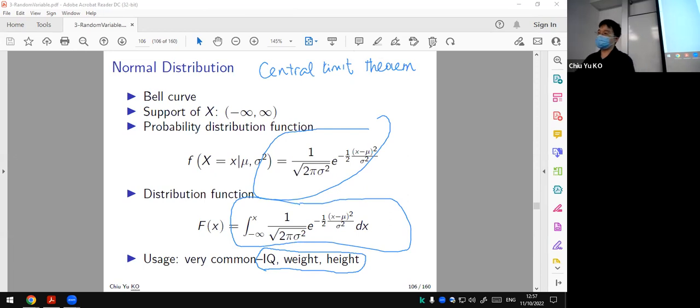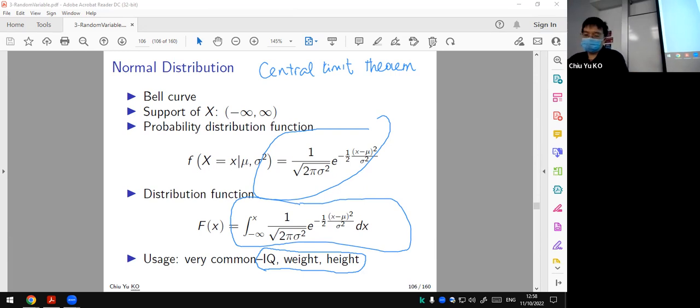Loosely speaking, it says that if a measurement is affected by many factors, it will generally lead to a normal, a bell curve. If so many factors affect the same thing, then it becomes normal.